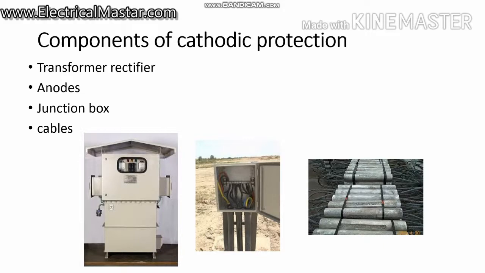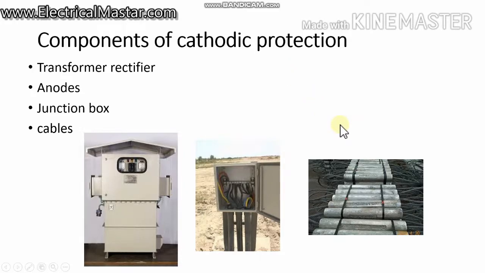If you want to prevent corrosion, you have to place the anode at a minimum clearance of 10 meters, installed underground at a depth of 1 or 2 meters. Dig it and place the anode. From the anodes, all the positive tail cables are connected to the positive of the junction box, and the negative of the junction box is directly connected to the protected structure.